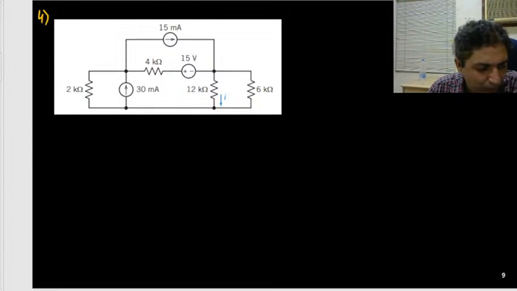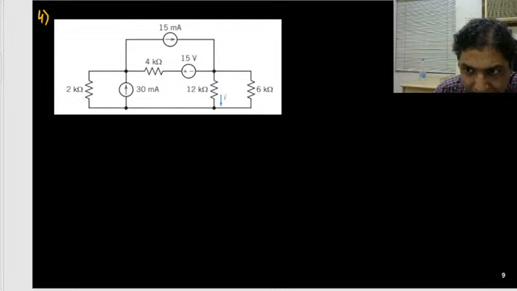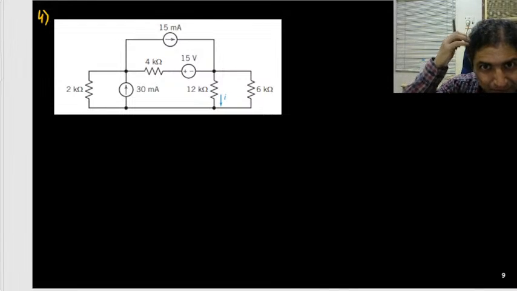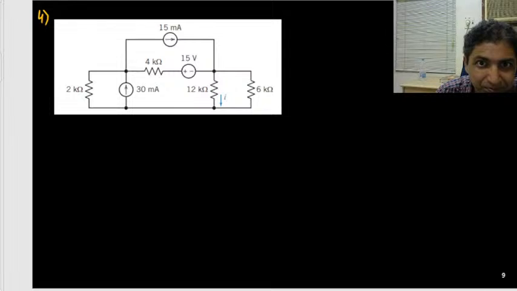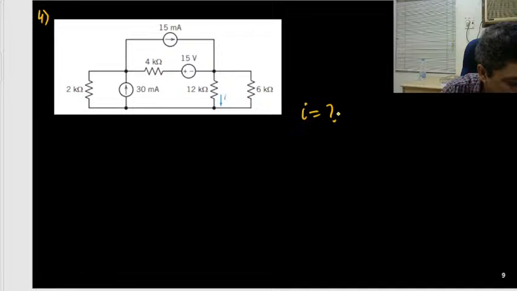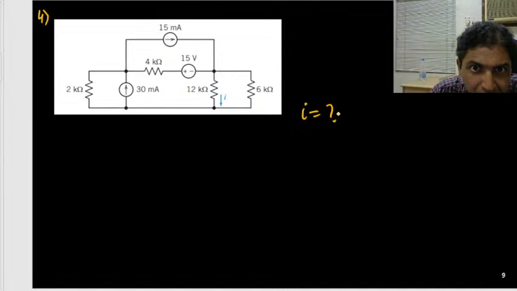Now this is the next problem. Can you solve this problem? What is the current I? Here again, can you identify which method will be good for this problem?